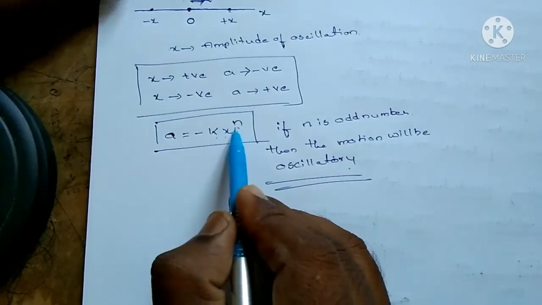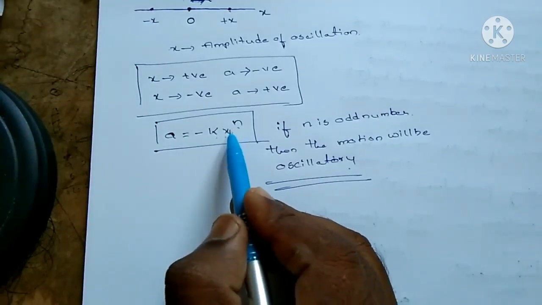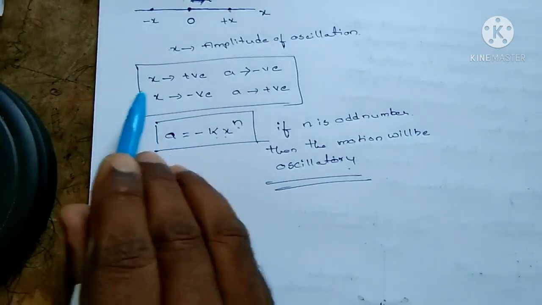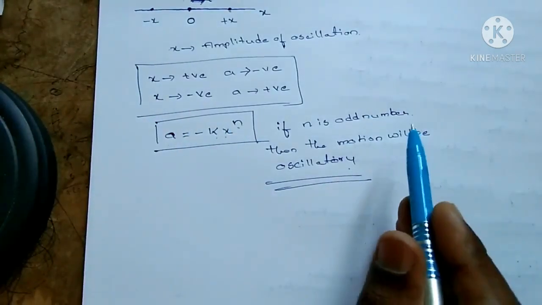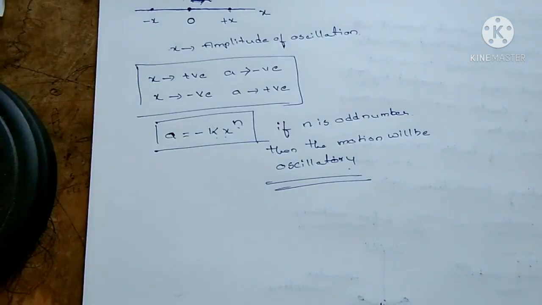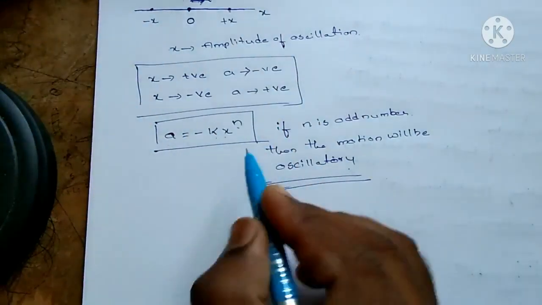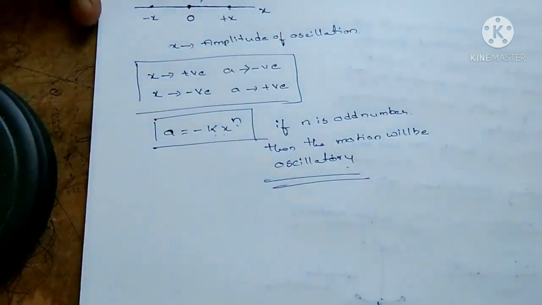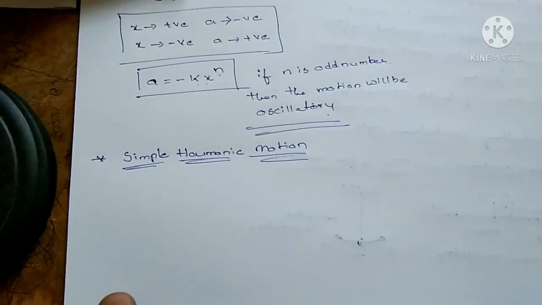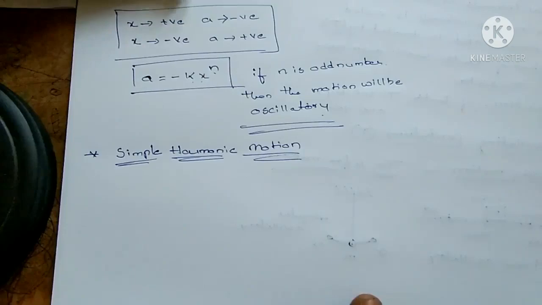Suppose you take an even n, then we get a and x in the same direction, where we cannot take it as an oscillatory condition. So if the above said condition is satisfied, then I can say that the motion is oscillatory.